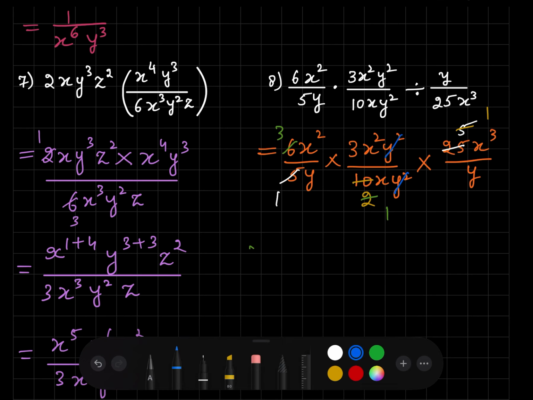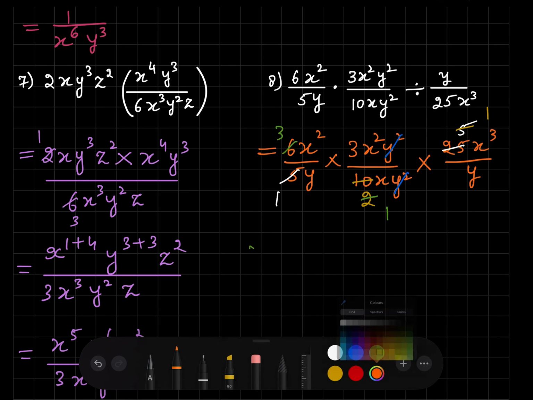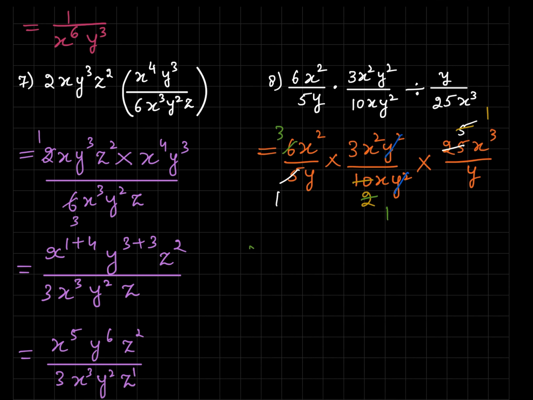I think all the cancellations are done now. So let us see what we are left with. So this 3, okay, then this 3, and that's it.